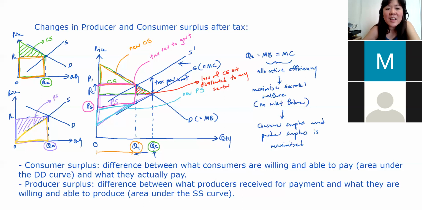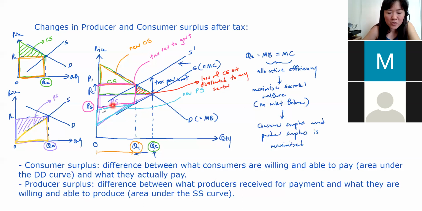Understand? Okay. Now, producer. Prior to the tax, we saw that the purple area here is the producer surplus. Then after the tax, the producer surplus decreased to the blue area here. So the loss in producer surplus is this purple trapezium here.